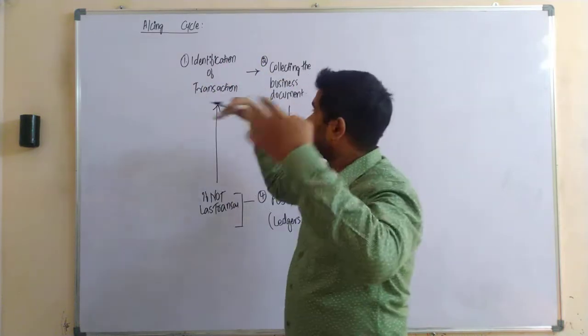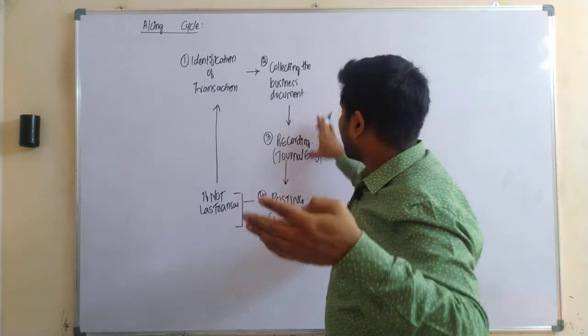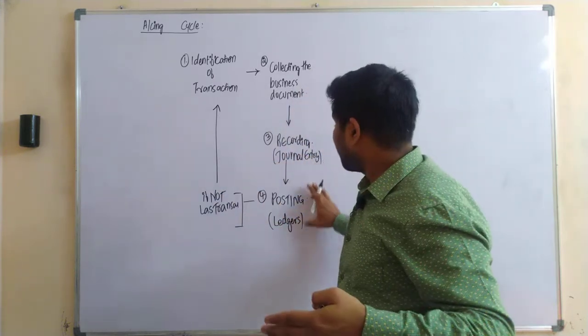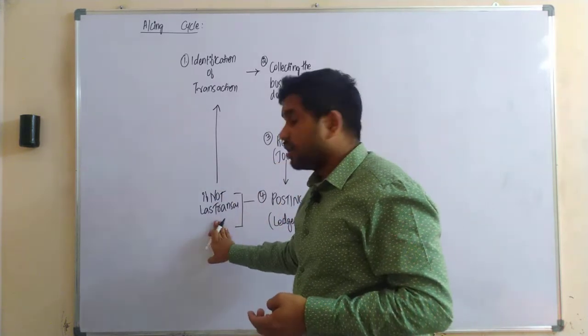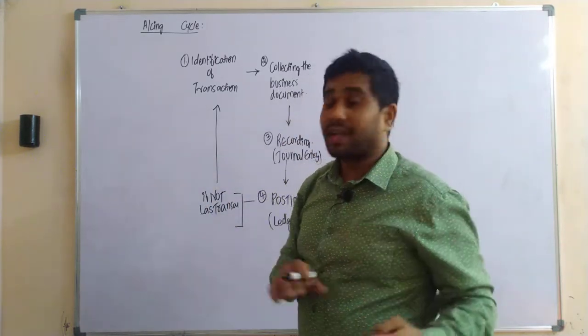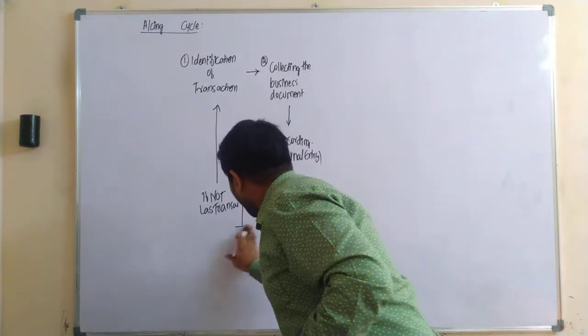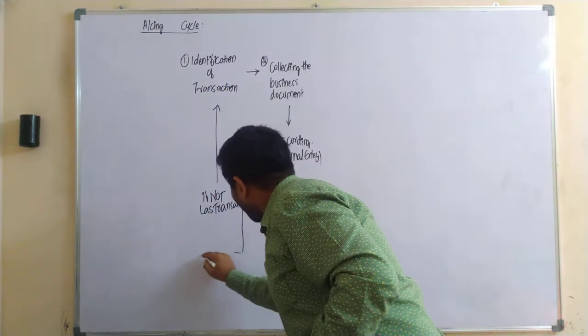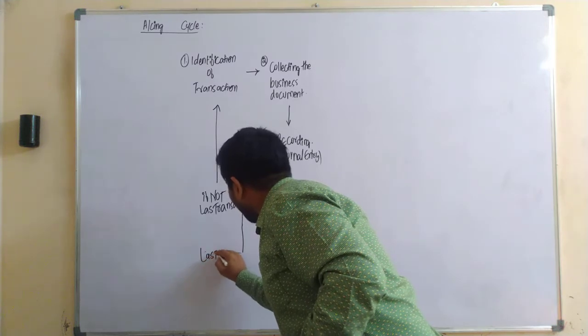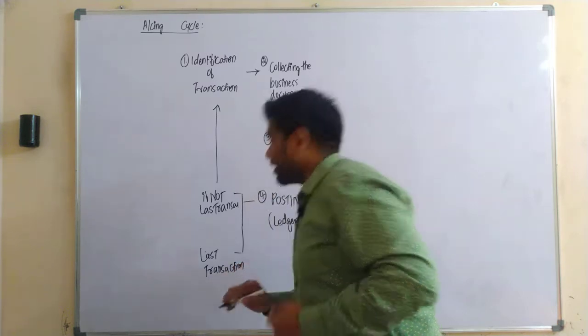The next step is again you are going to identify the next transaction, collecting the business document, recording the data in your journal entry, posting through your ledgers, and you should continue. If that is also not your last transaction of the accounting year, then your cycle continues until it is a last transaction of the financial year.